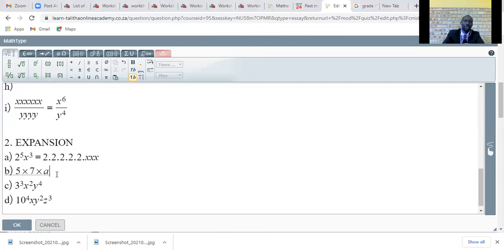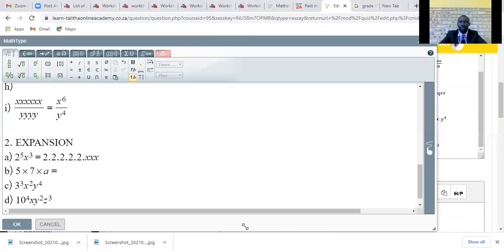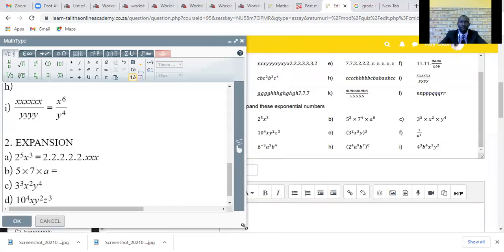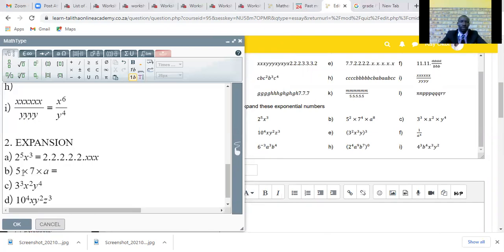Then the second question is asking us to expand. Oh, wait. We did not write the exponent. That is B. Let's see. Yeah, we did not. And so let's put the exponent right here. So 5 has got exponent of what? Of 2. Right there. Then what do we know about 7? 7 has got exponent of 4.